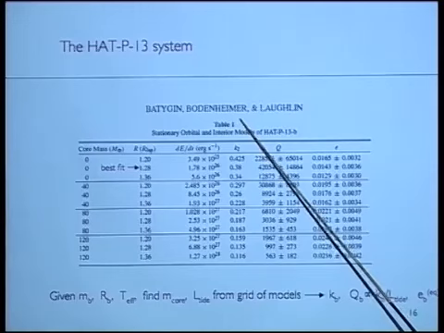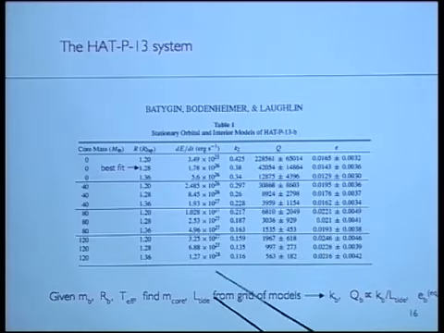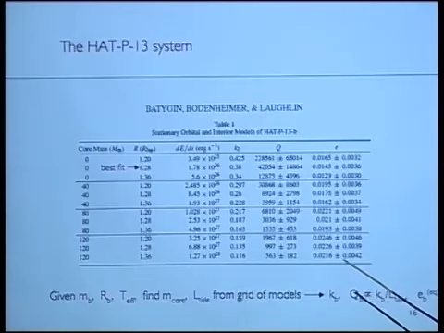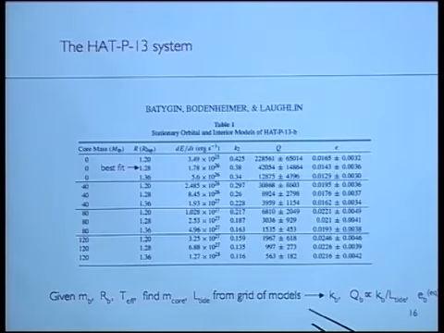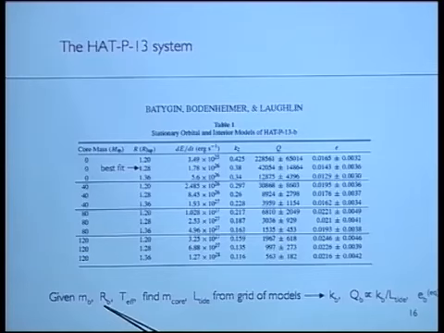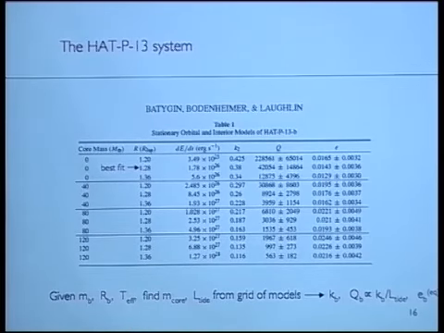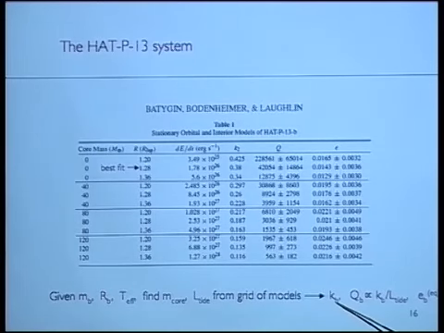This is really Peter Bodenheimer's bread and butter, to make structural models of planets. And then they can pick out which of those models matches the observed mass of the planet and the observed radius. And from that, they can calculate the Love number, tidal motion constant, and the Q value.